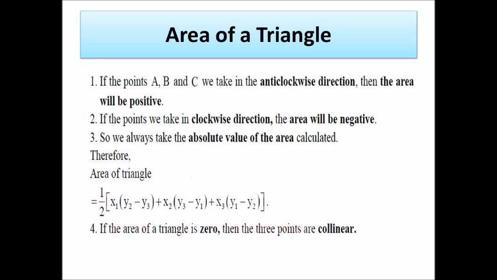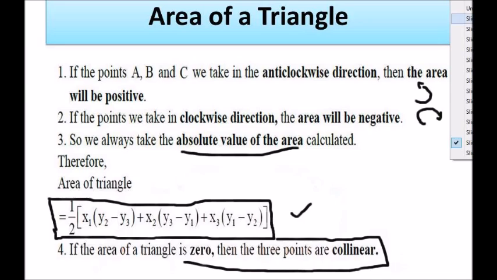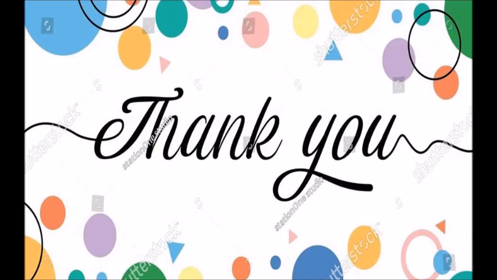We will neglect the positive or negative sign, we will take only the absolute value. Therefore the area of the triangle is equal to 1 by 2 into x1 into y2 minus y3 plus x2 into y3 minus y1 plus x3 into y1 minus y2. If the area of the triangle is 0, then the 3 points are collinear.